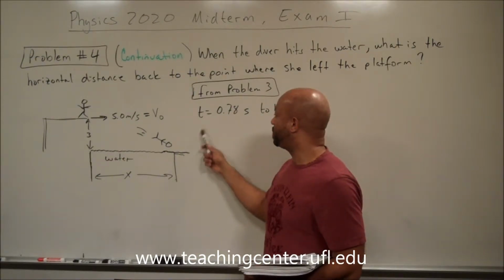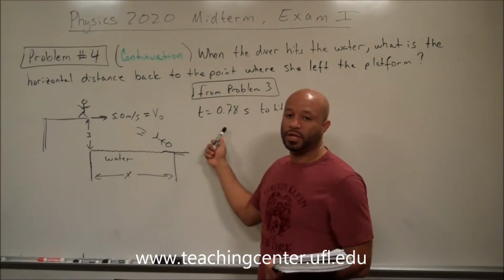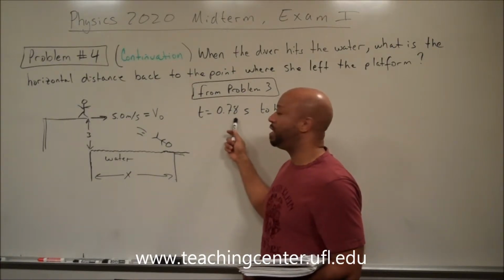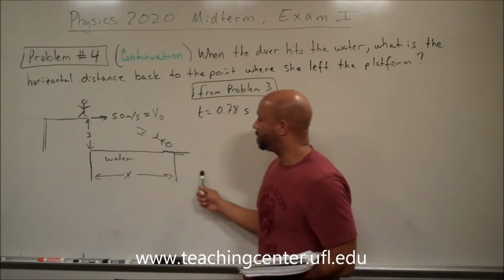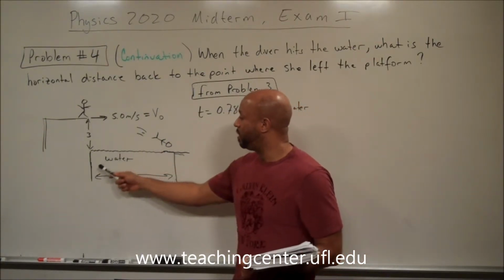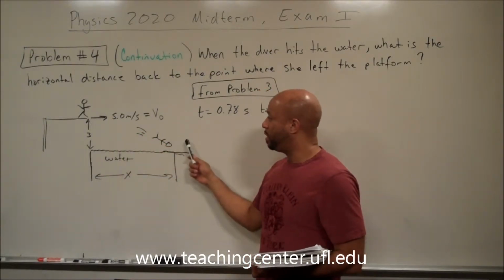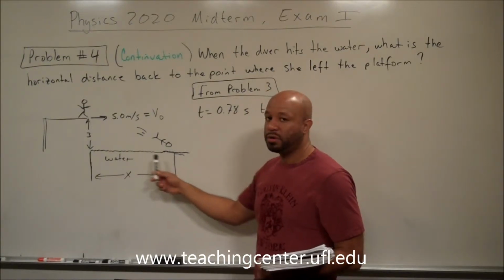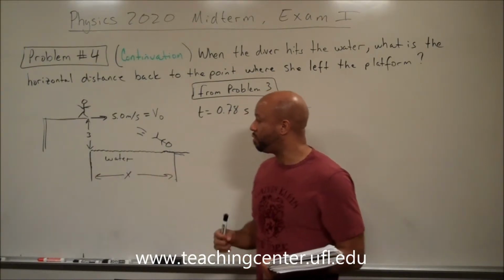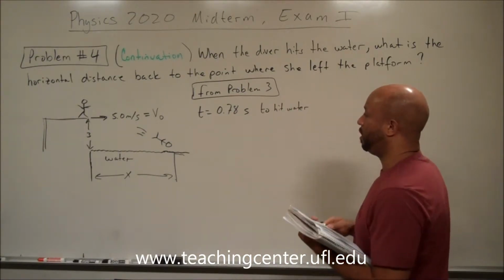The time it takes for her to reach the water was 0.78 seconds, which we found in problem 3. In this problem, it's asking us to find the distance this diver actually traveled during her dive, from the point where she hits the water back to the actual point on the platform. What is that distance?